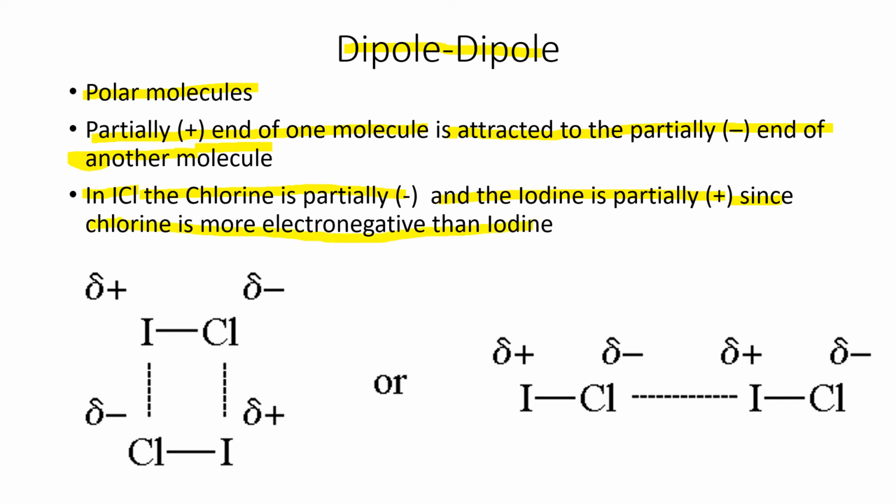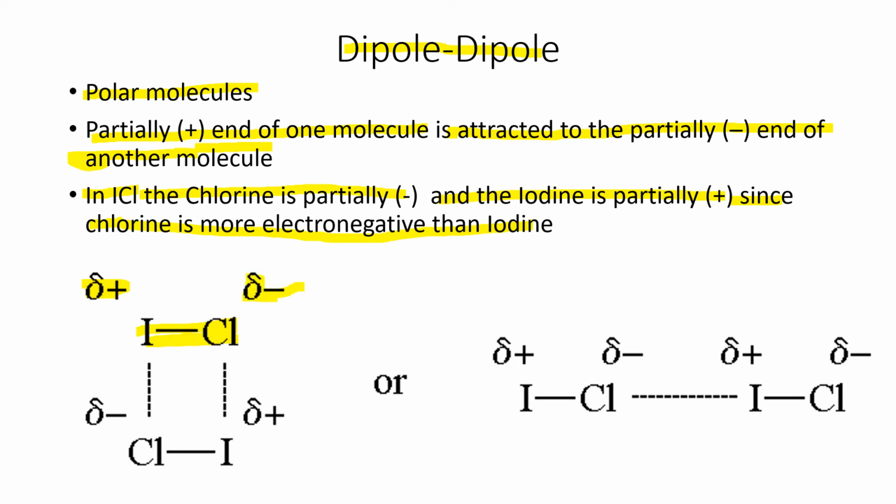Again, we see those delta pluses, the partial positives, and those delta minuses, the partial negatives. So in one molecule of iodine bonded to chlorine, the iodine is going to be partially positive and the chlorine is going to be partially negative.